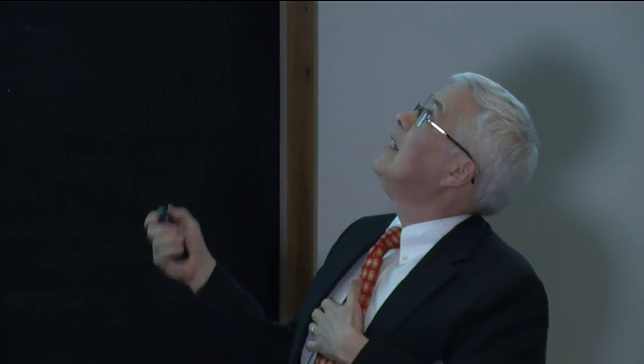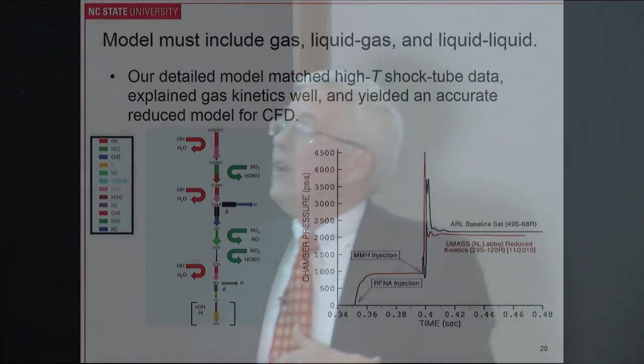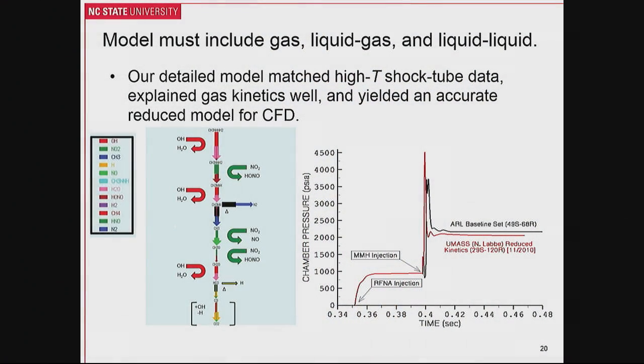So we developed a model recognizing that there has to be the gas kinetics, liquid gas, and liquid-liquid kinetics. It was fairly straightforward. We said monomethyl hydrazine, you get OHs pulling things off, NO2s, and it goes down to CO and CO2 stepwise. Those are the key details that you need. Again, it's very stepwise.